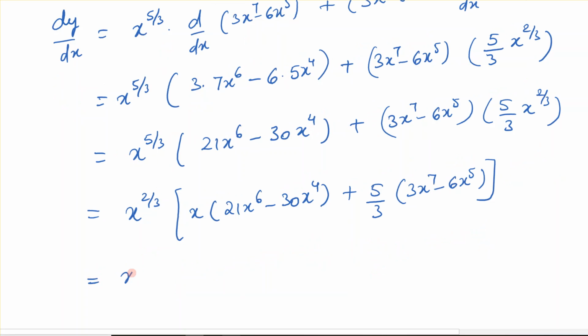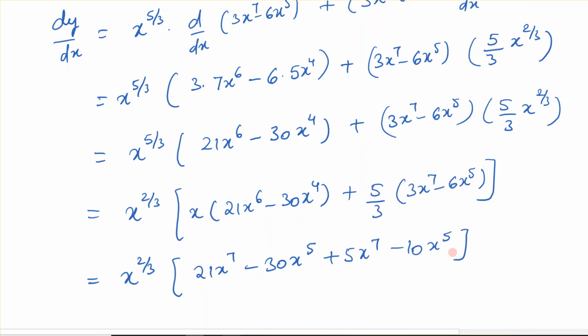Expanding it further, we get 21x^7, then negative 30x^5, and in the second one, 3 and 3 cancel, so you get 5x^7, and then negative 2 times 5, so negative 10x^5.